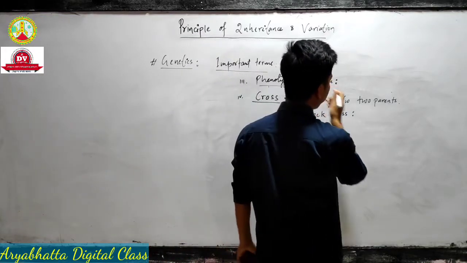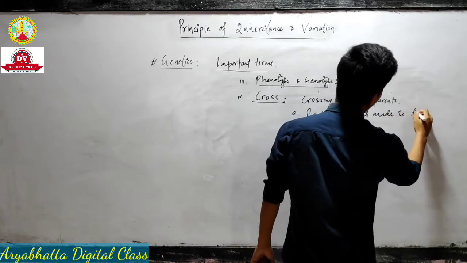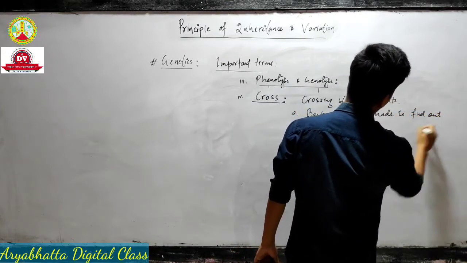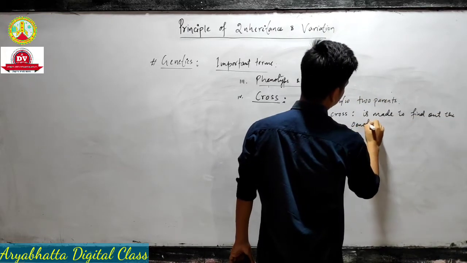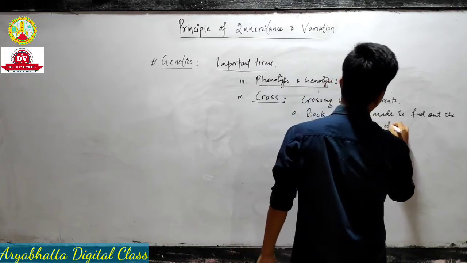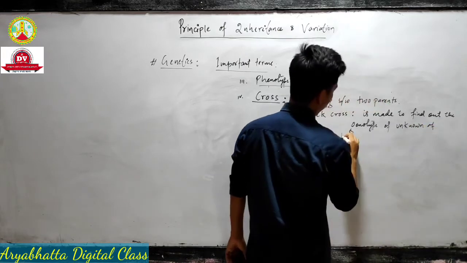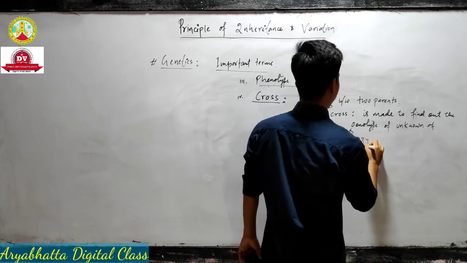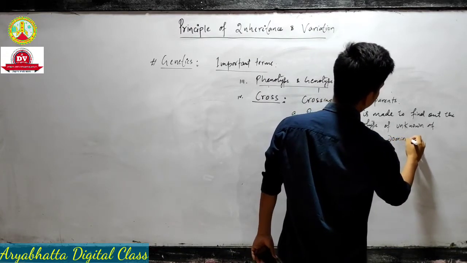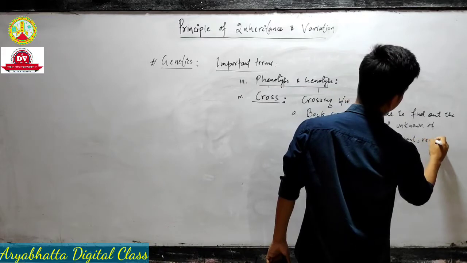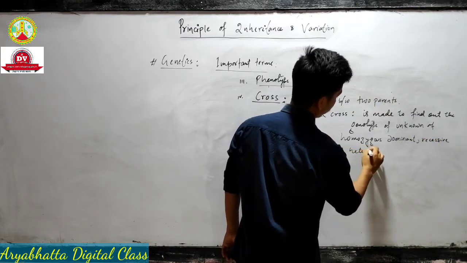Back cross is made to find out the genotype of unknown homozygous dominant, homozygous recessive, and heterozygous.